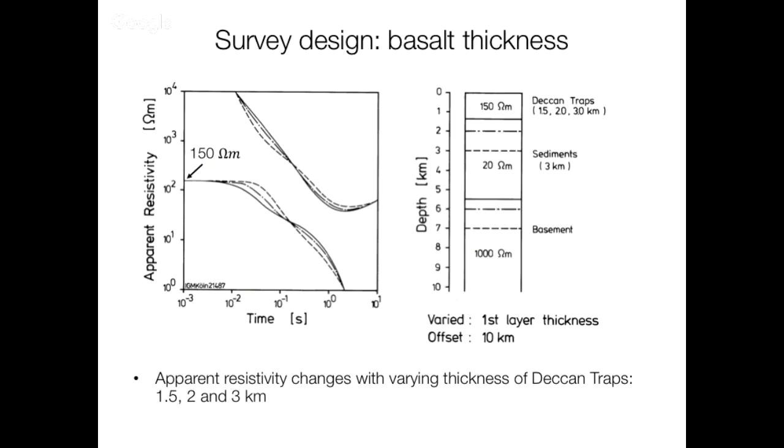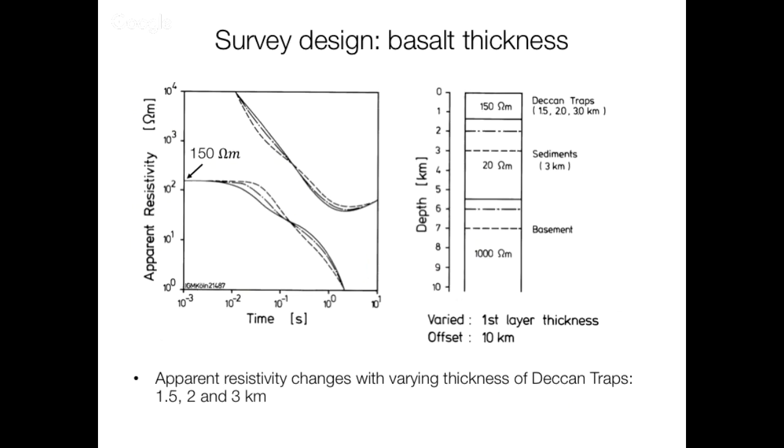That set the scene to see if they could actually see something. They had a background model: the traps themselves, sediments of low resistivity, and then high resistivity basement. What you're looking at here is a plot of the data, converting both the early time and the late time to an apparent resistivity. The early time data follow this side, the late time data follow this.